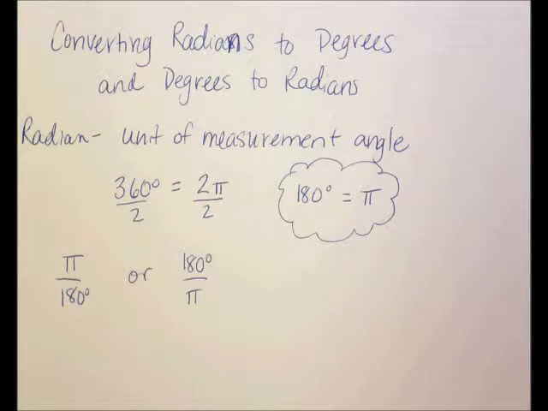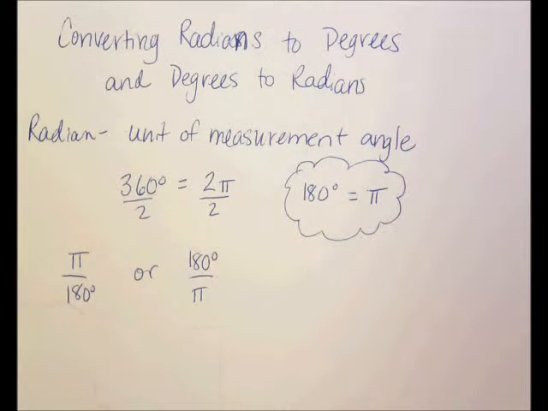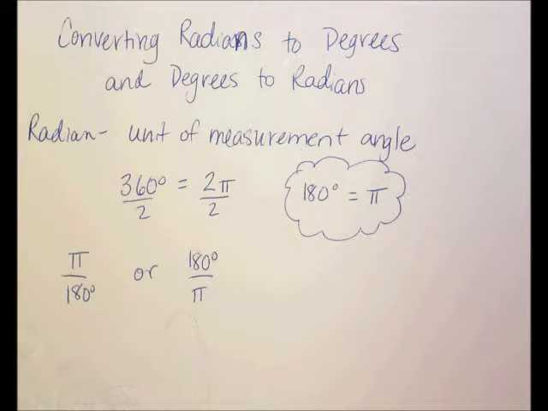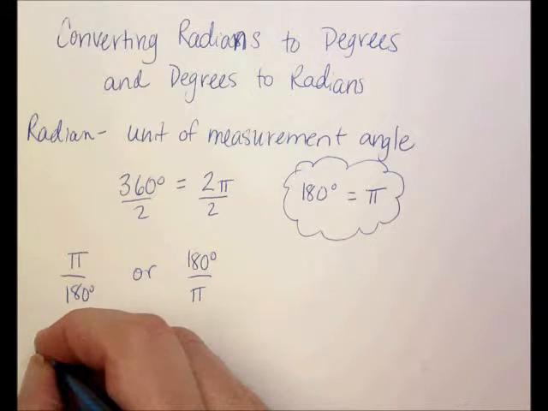So if I multiply any number by this fraction, it's still going to be the same value. So with saying that, we went through a couple of examples, and it's really hard to talk about it without using an example. So we kind of had to pick which one we needed to multiply whatever we were given by.